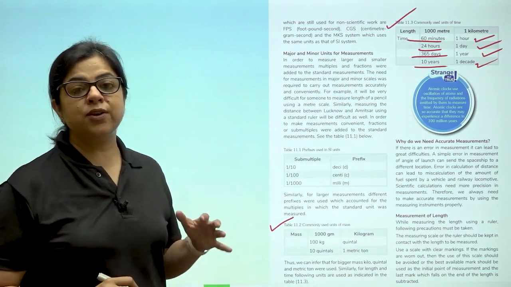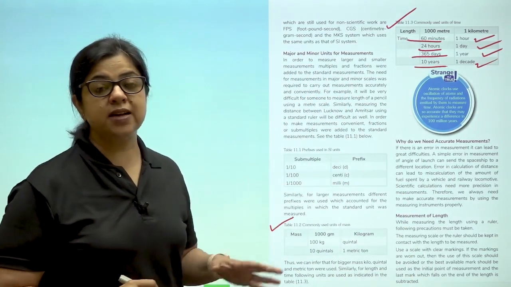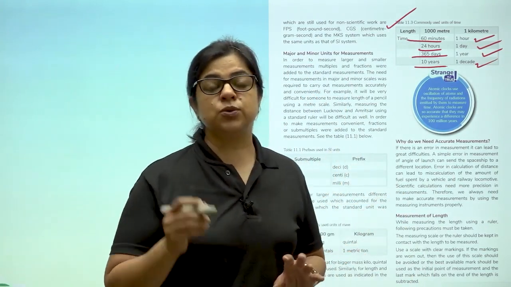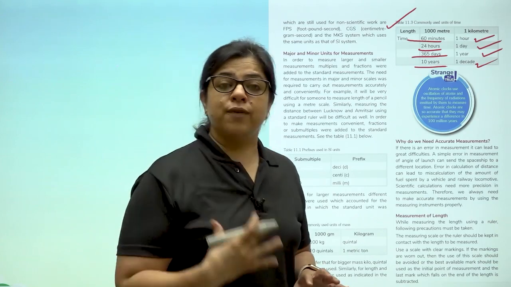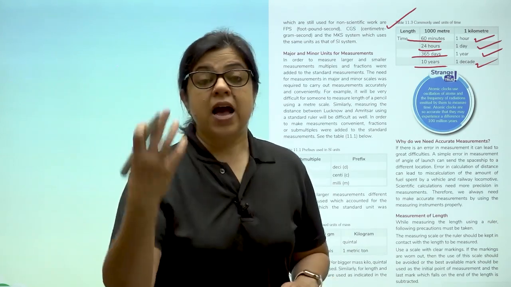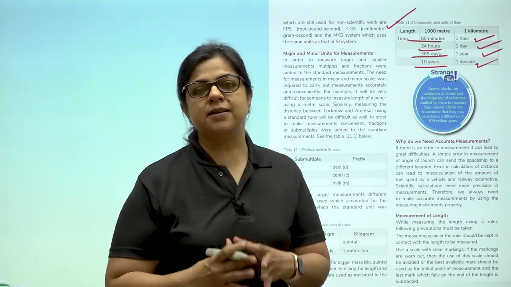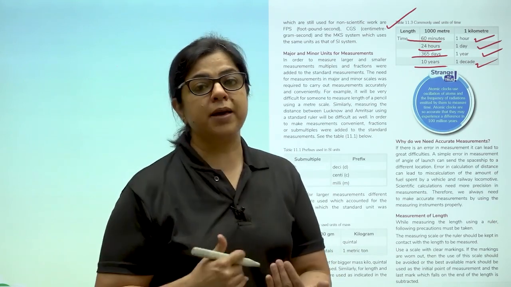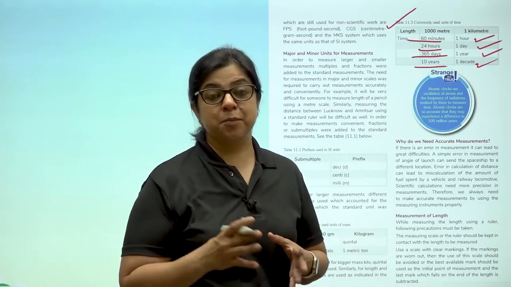Now, why do we need accurate measurements? As we've already discussed, we need accurate measurements so that if you are asking me for 1 kg of rice, I know how to weigh the exact amount so that your measurement and my measurement do not get mixed up.